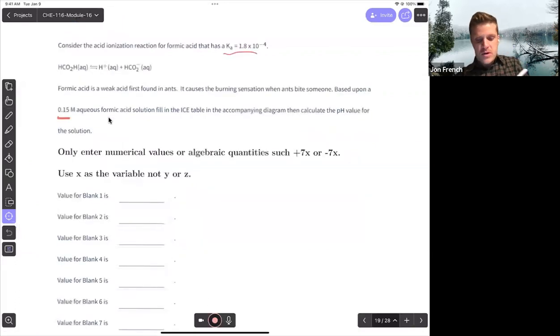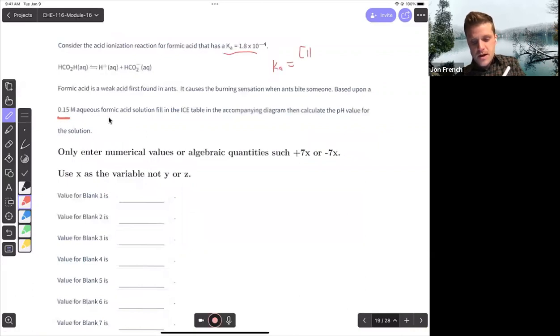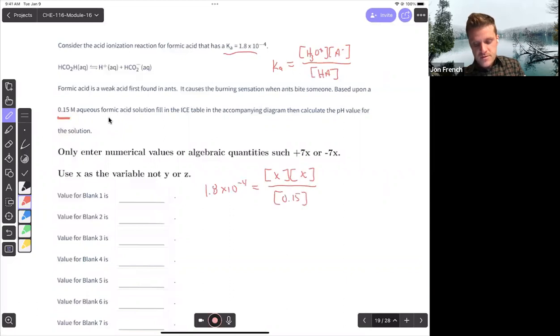All right, so now we can set up our Ka. Ka, it helps if I don't use the lightsaber, right? Ka equals my hydronium times the concentration of the conjugate base all over the concentration of my acid. So we know Ka is 1.8 times 10 to the minus 4. Hydronium was X, our conjugate base was X, and 0.15 was our concentration of HA.